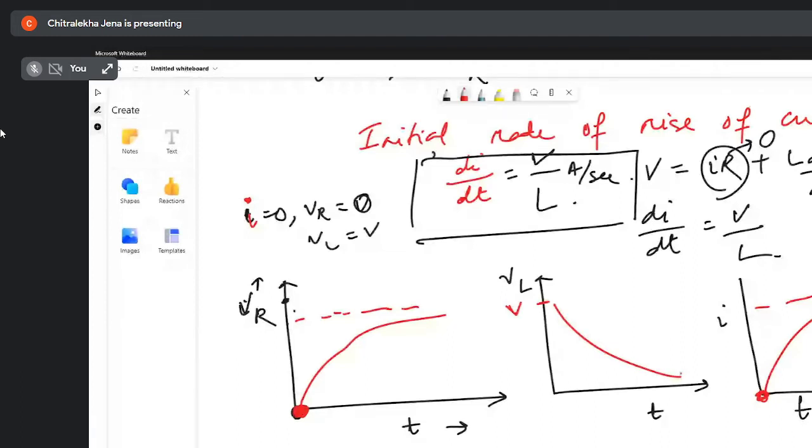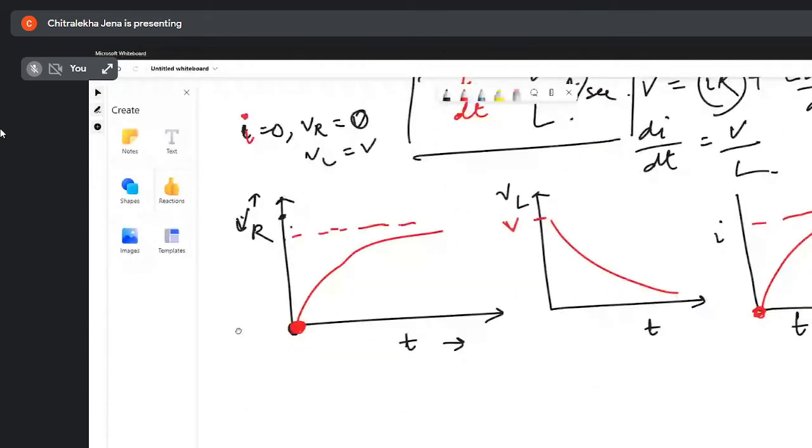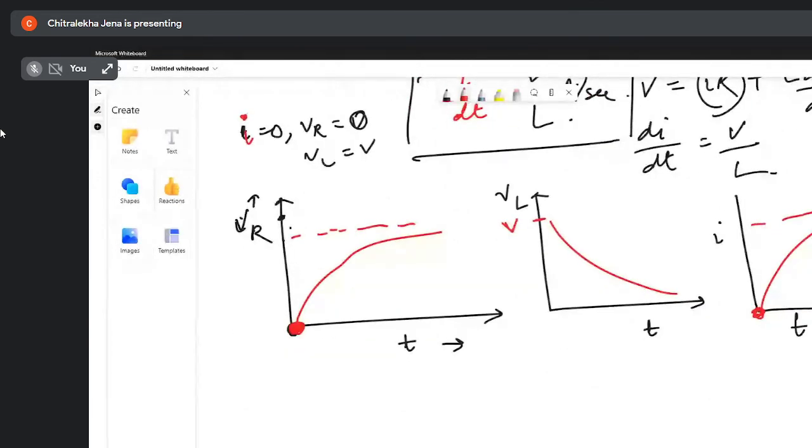Understood or not? All of you understood the graph? Clear? Yes. All of you understood, don't feel shy for asking. Yes ma'am. Okay, in between, tell me the equation only. What is the equation for voltage across the resistor? Tell me.